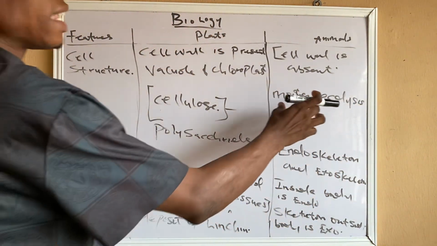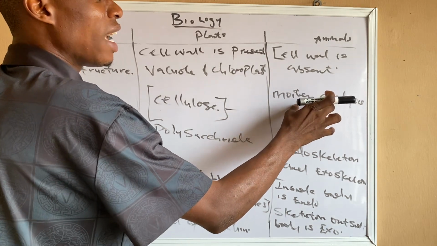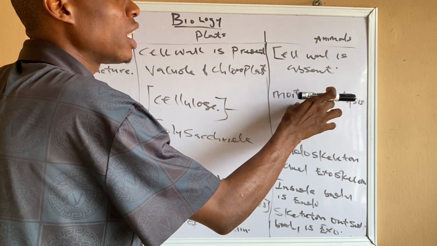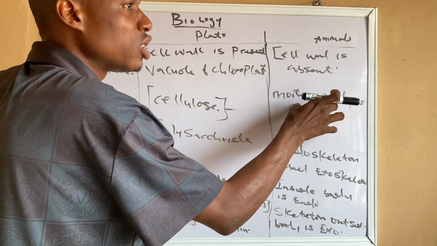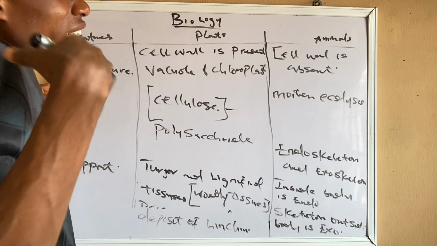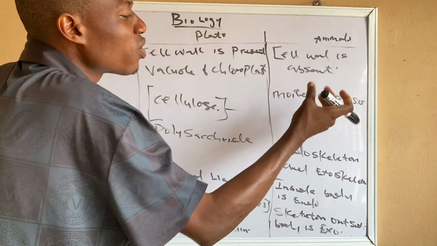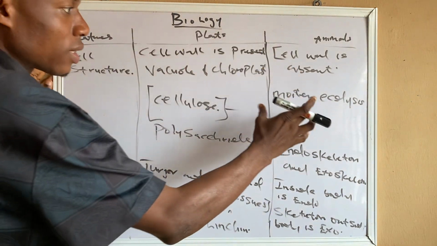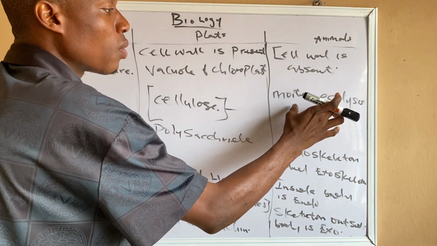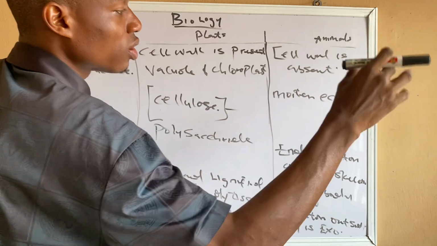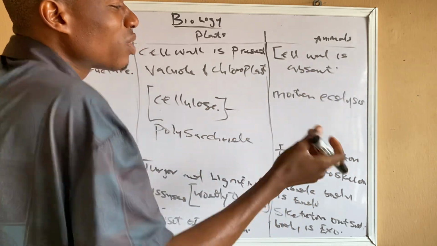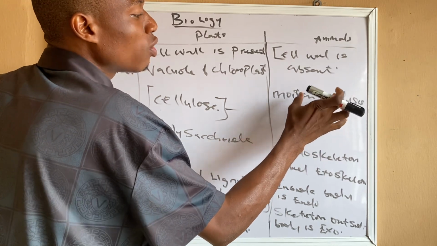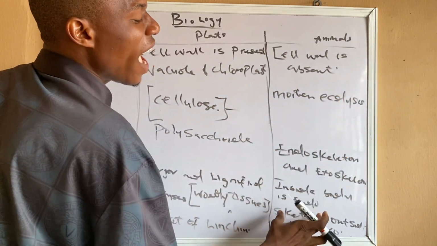What do you mean by molting ecdysis? The process by which an animal with an exoskeleton sheds the previous skeleton to take another new skeleton. And the animals that do molting ecdysis have exoskeletons.